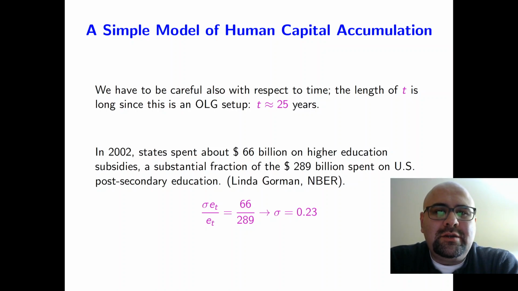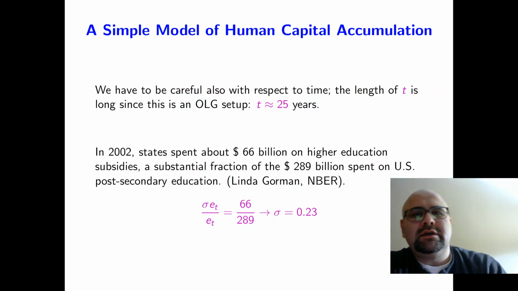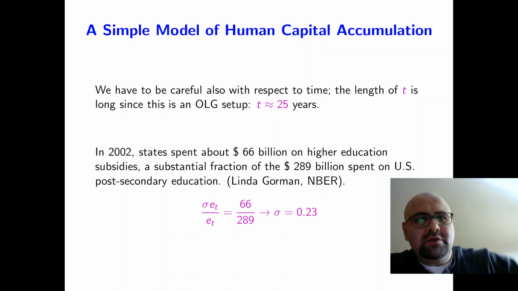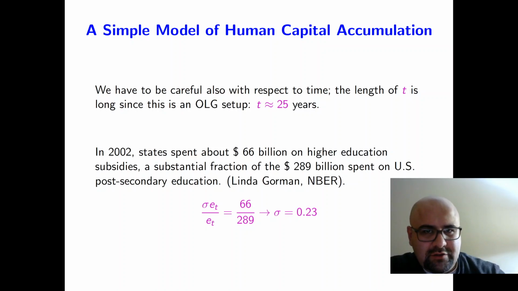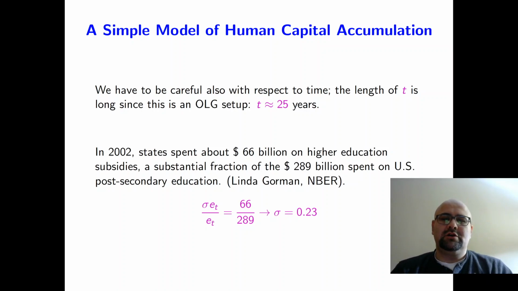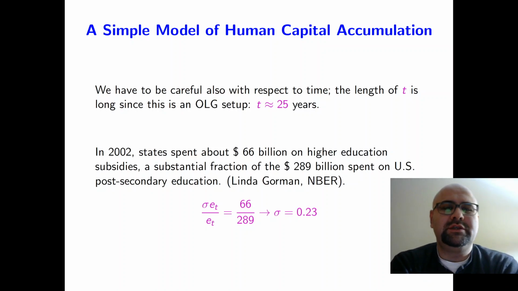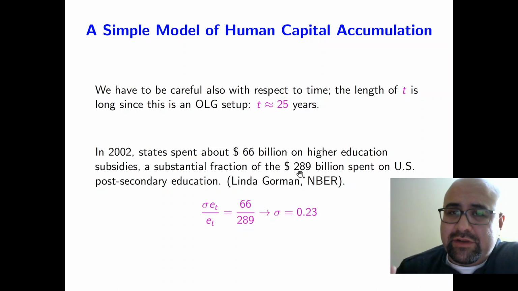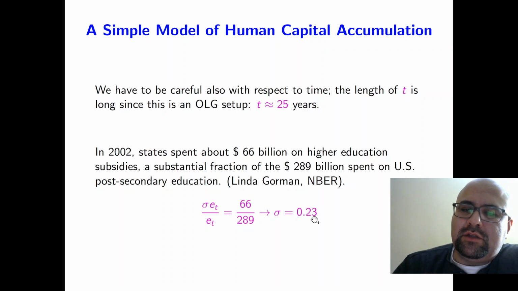Now, how do I learn about the subsidy rate? That's a key question, because the real economy that I observe, and here I'm focusing on the US economy, is an economy with education subsidies. So the benchmark value of the education subsidy will be different than zero. When I did a quick search, I found some data for the year 2002, and that data suggests that for higher education it will be 23%.